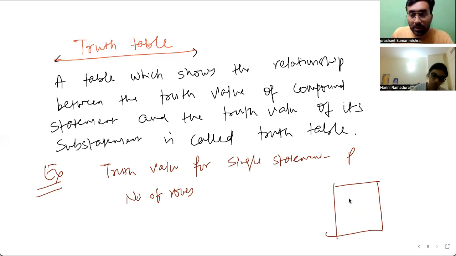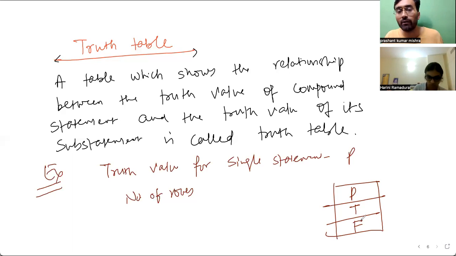If P is only one statement, it can be either true or false. That's a truth table. So the number of rows is going to be 2 only.